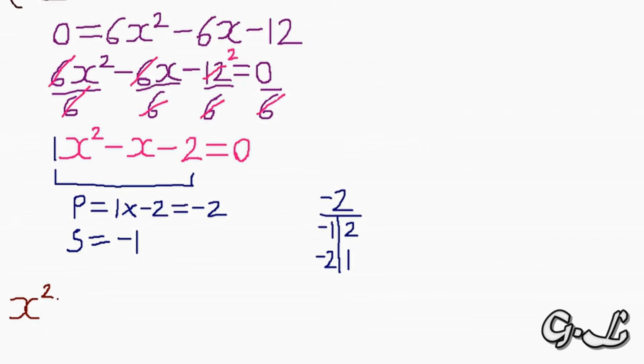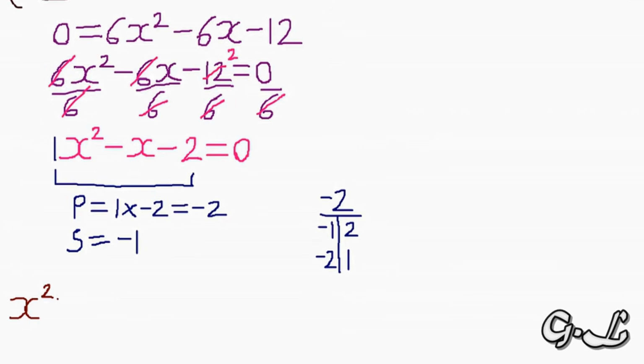So in such a case, we have to write x power 2, and then after you write x power 2, you have to consider the pair that you found. We found the pair of negative 2, 1. The first term, which is negative 2, will be negative 2x.